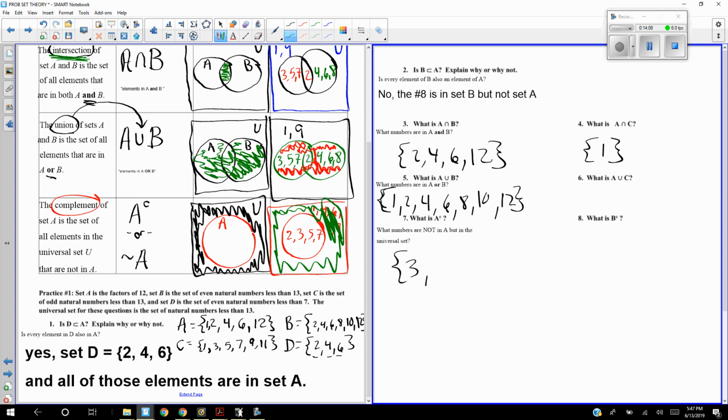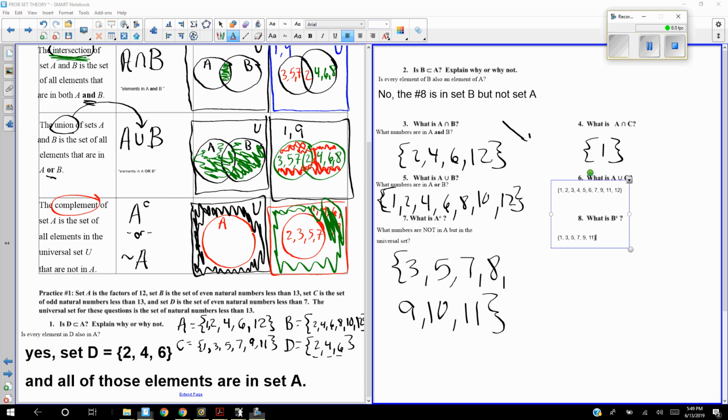So 3 is not in set A. 5 is not in set A. 7, 8, 9, 10, and 11. Go and try problems number 6 and 8. All right, and there are the last 2 answers.